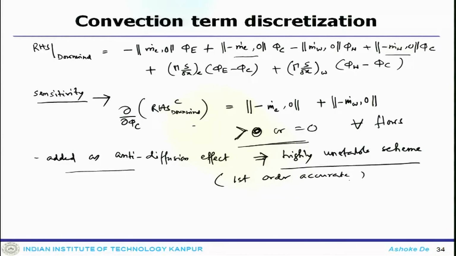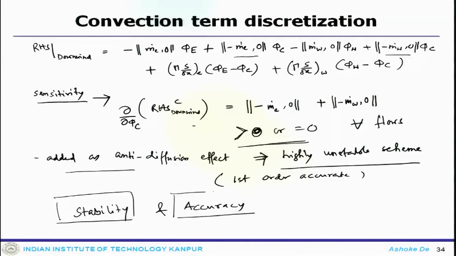That is where, as we said, there is a trade off between two components, stability and accuracy. A highly accurate scheme may not always be stable, and the other way around, a stable scheme like the first order upwind cannot be accurate.